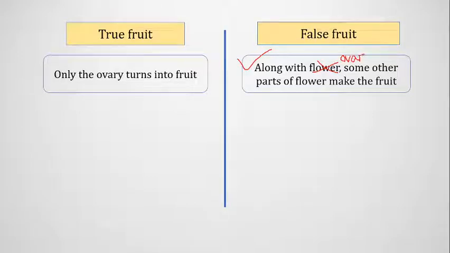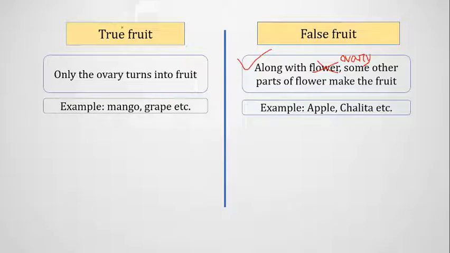So if a fruit is developed from the ovary as well as other parts of the flower, these fruits will be considered false fruits. As examples, most fruits are true fruits, for example mango, grape, jackfruit, etc. And false fruits are, for example, apple, chalta, etc.